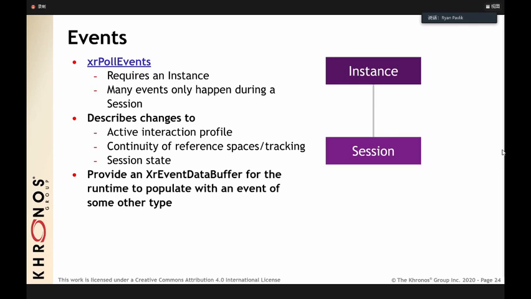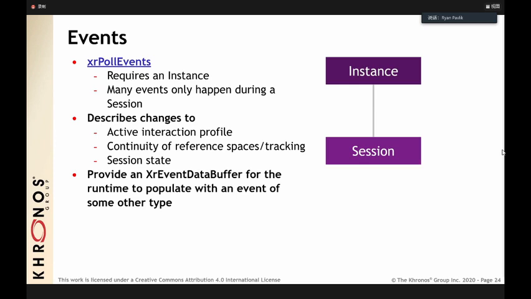These events can describe changes to the interaction profile, continuity of reference spaces and tracking, changes in the session state, and other things. You provide an XR event data buffer to XR poll events, and the runtime populates it with an event of some other type.